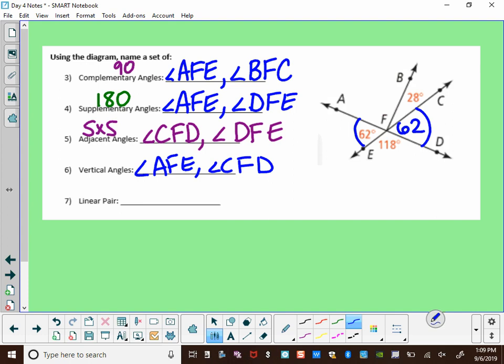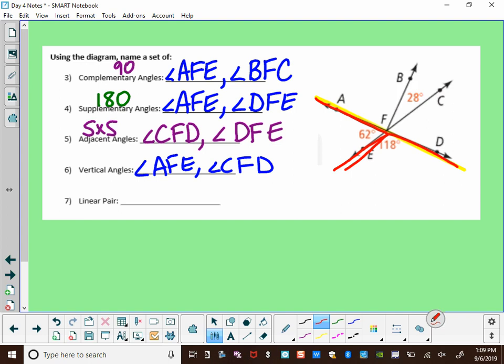And lastly, a linear pair. Your linear pairs mean that it is a straight angle. We need two angles on the straight angle. So let's see here. Here's my line. You can choose this angle, like the 62 and the 118, that'll work.